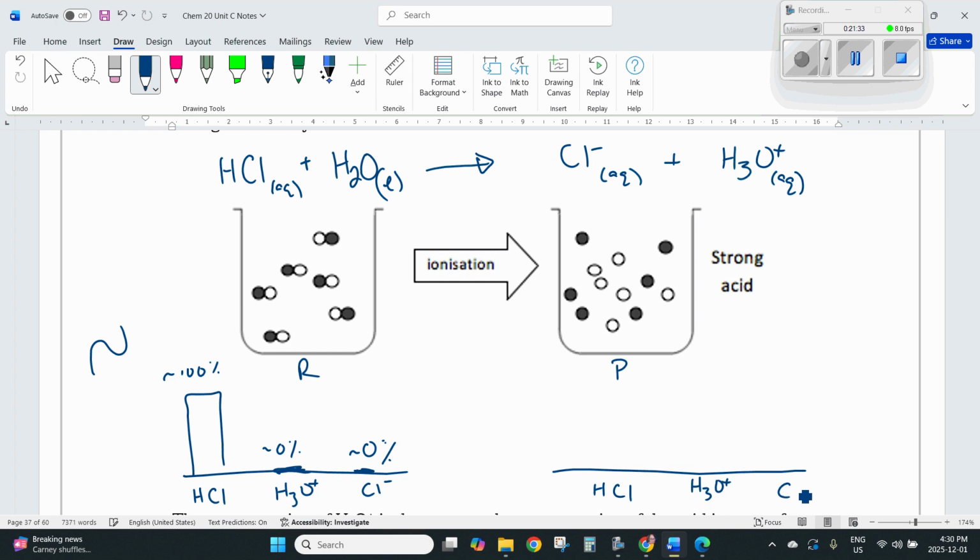Since we're a strong acid, your HCl is going to be nearly 0% over here, and you're going to see nearly 100% dissociated, or ionized, sorry, into your hydronium ions and your chloride ions.